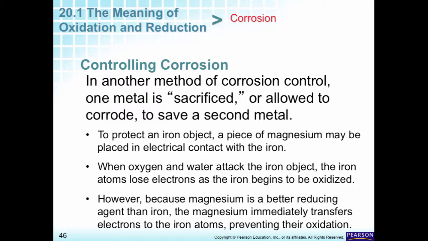Most sinks are coated with zinc, because zinc will oxidize before the iron oxidizes. A lot of times you hear the word galvanized nails, galvanized garbage cans. If garbage cans get run over by the truck, sometimes they'll start rusting because that surface has been broken.